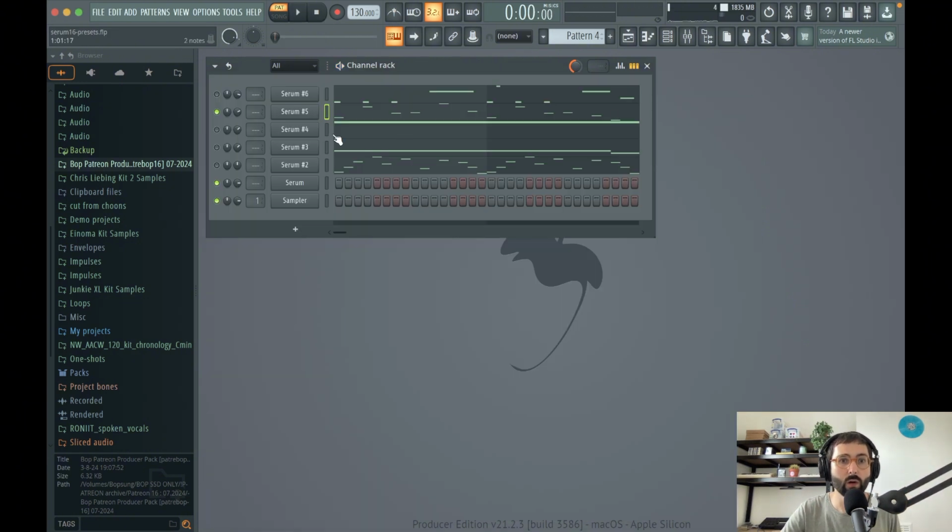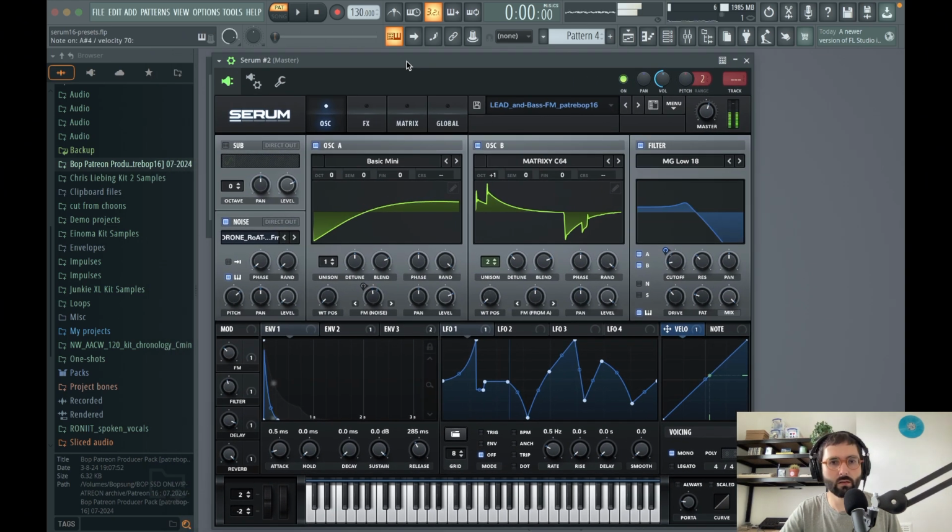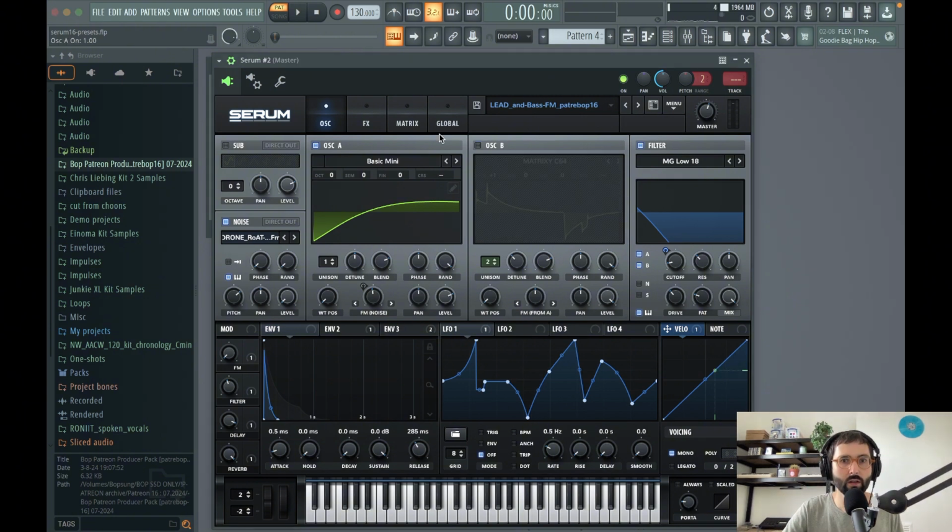Yeah, so the next one, let's check this one. It's a lead, also bass. It can be used as a lead or a bass sound. So the main principle here is that we have quite usual oscillators here, like a saw wave and some other wave, and they are modulated by noise drone that I made using a small lo-fi synthesizer.